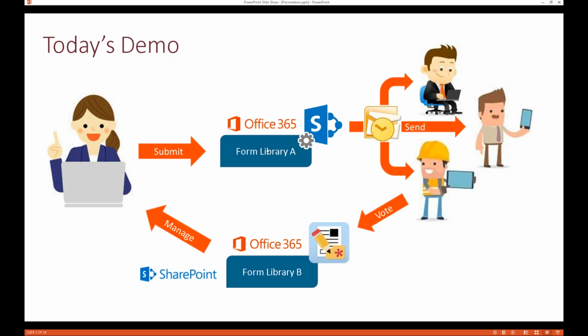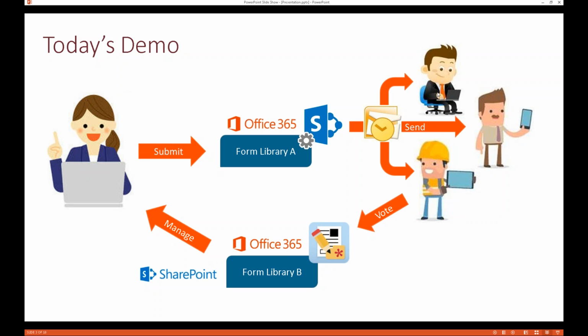When she filled out that form, she selected a set of users, who we could call voters or approvers. That list of approvers gets submitted to a list in Office 365, which then triggers a SharePoint Designer workflow that sends email notifications to those selected users. So that's what you're seeing here to the right.